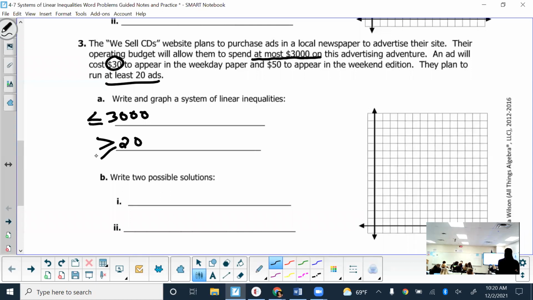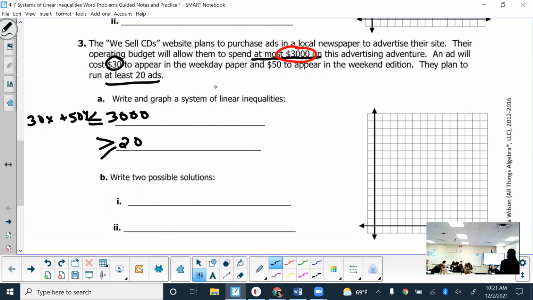Your dollar totals should be with what? That too. But your dollar amounts should always be with your other dollar amounts. So what are my other dollar amounts? So we could do 30x plus 50y. I'm squeezing that in there.